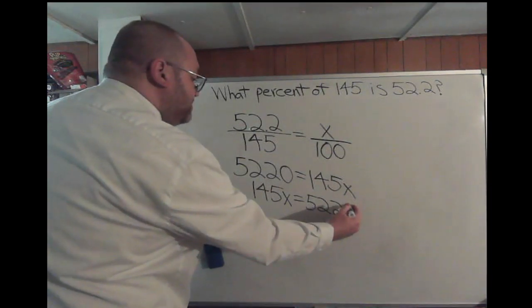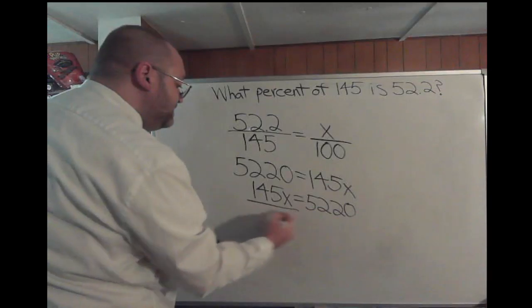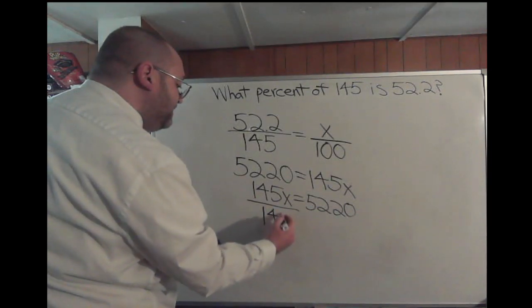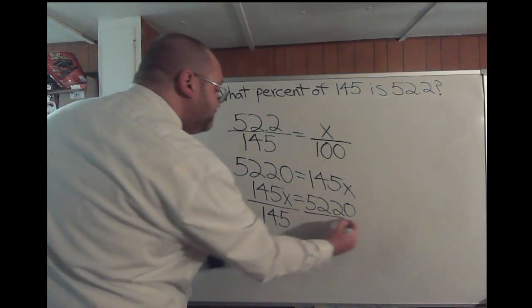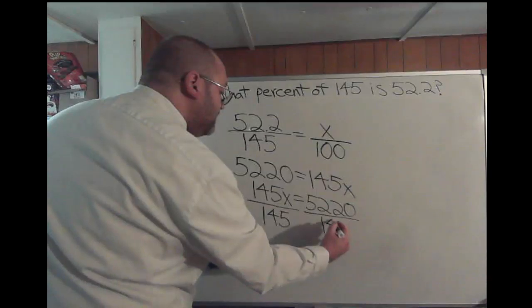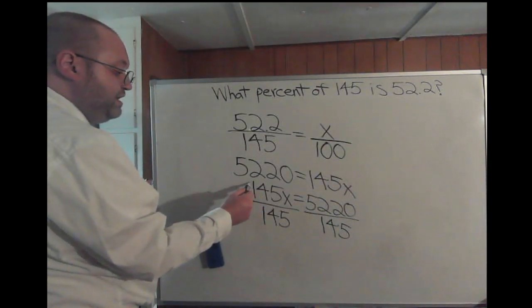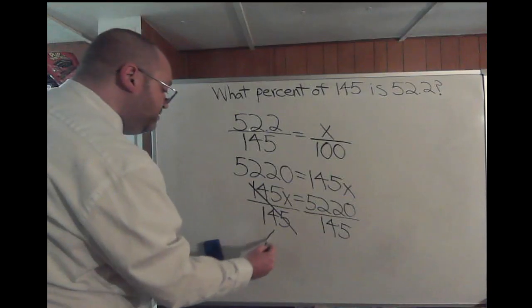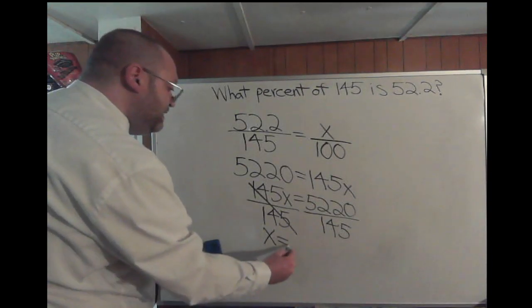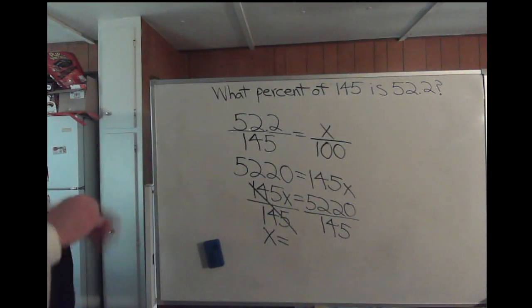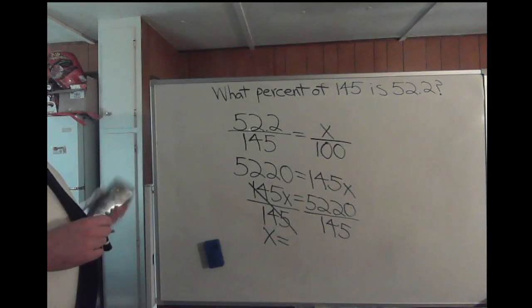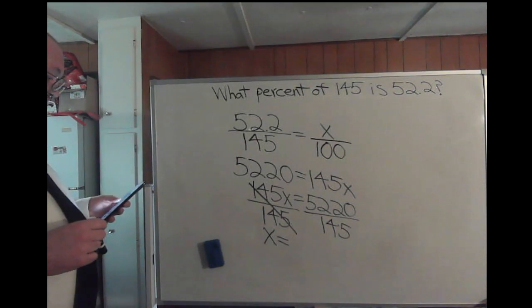Okay, well, we want to solve for x. You got to divide both sides by 145. All right, well, left-hand side, 145 divided by 145 goes to 1. You'll have x by itself. Now we just need to figure out 5,220 divided by 145.